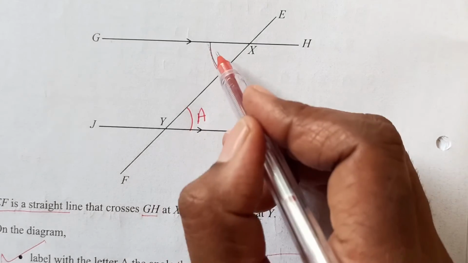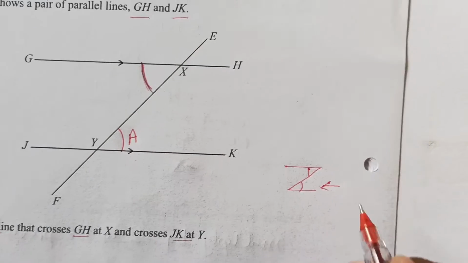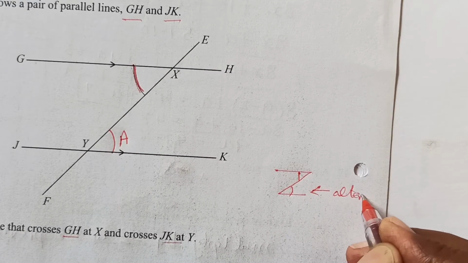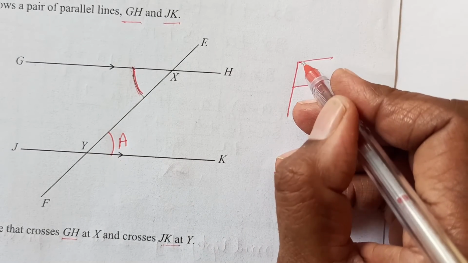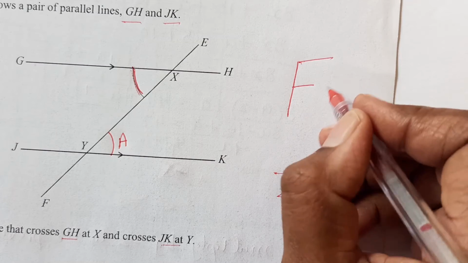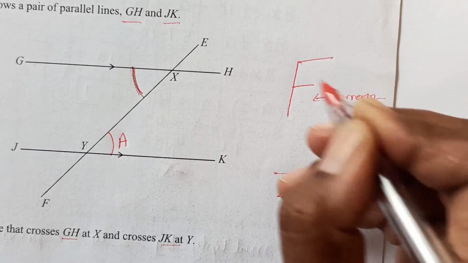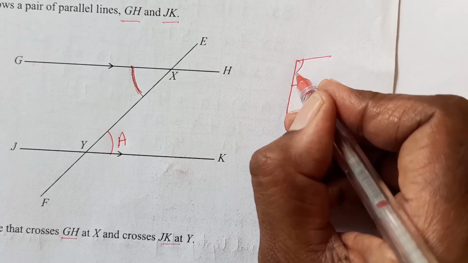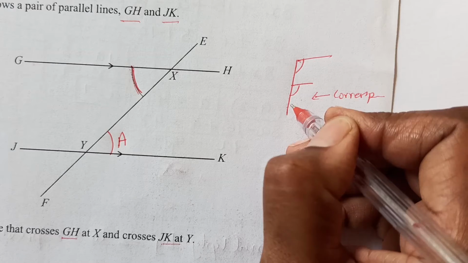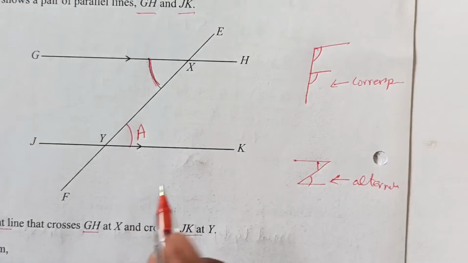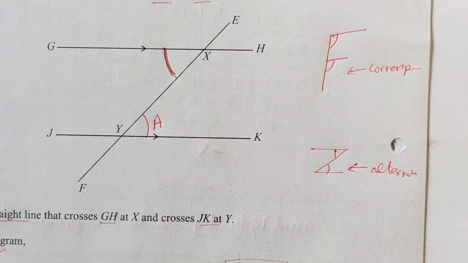So GXY is the same angle we are talking about, and these are alternate angles that make a Z shape, and F is when they are corresponding, right? Either they may be down the line or they may be above the line. So we are looking for the F shape. The F shape is here, let me show you.